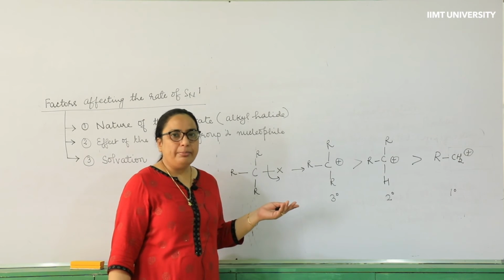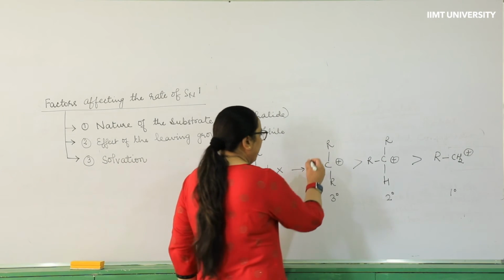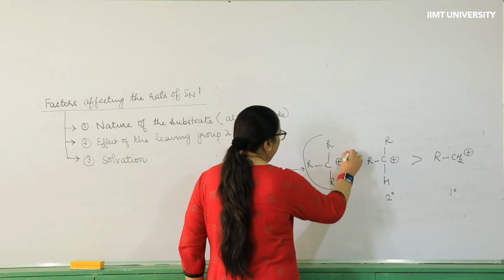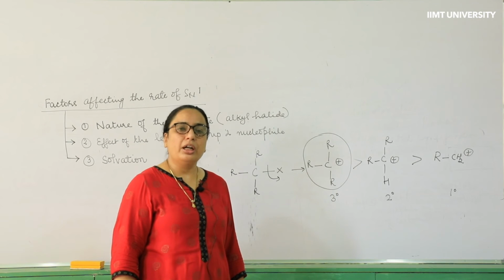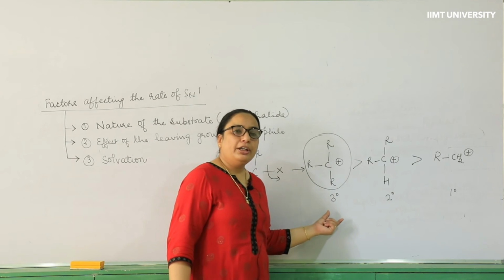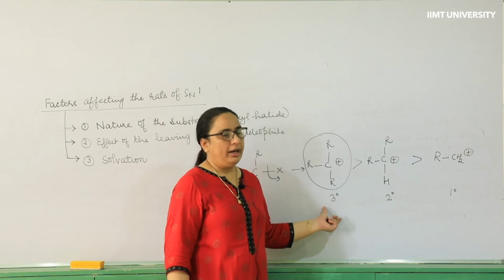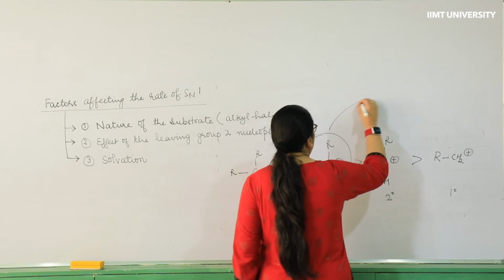Why? What is the reason behind it? We can say that the reason behind it is the stability of the tertiary carbonium ion. Then the question comes, what are the reasons behind the stability of the tertiary carbonium ion? There are two reasons for this.